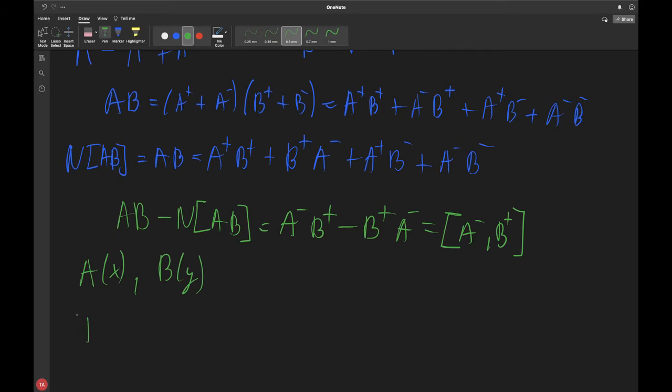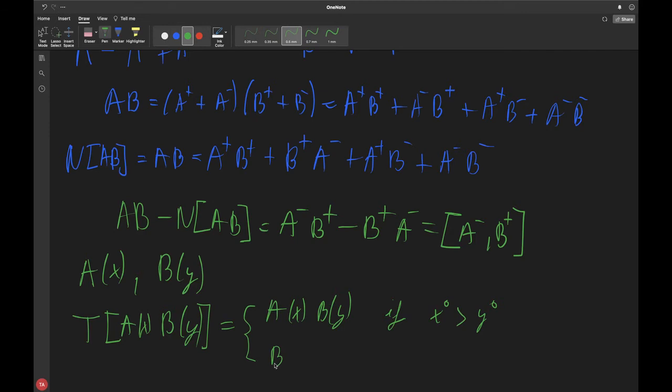So if I apply the T time ordering operator on this A(x) and B(y), that will be A(x)B(y) if the time part, the x0, is higher than the y0, and it will be the other way around, B(y)A(x), if the x0 is less than the y0.